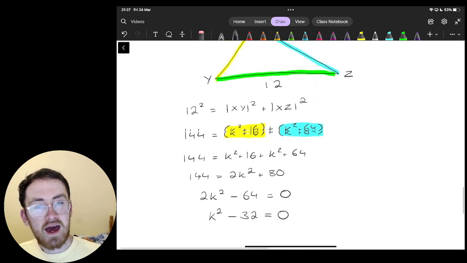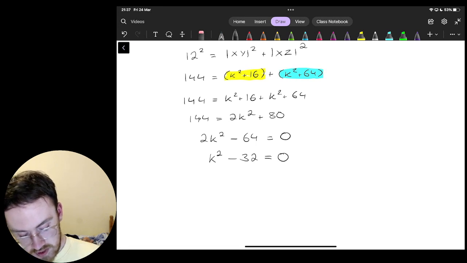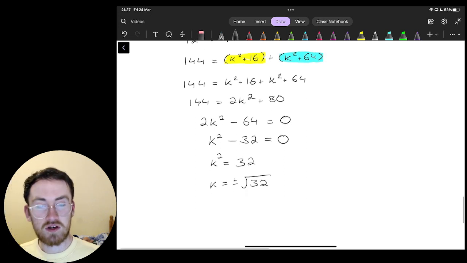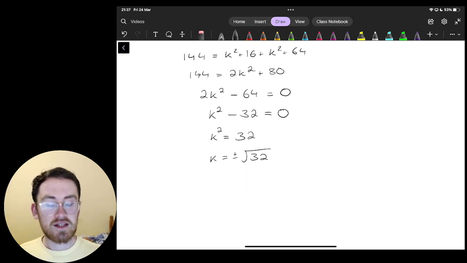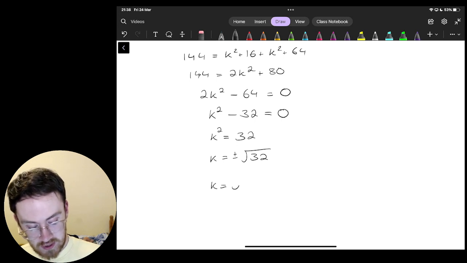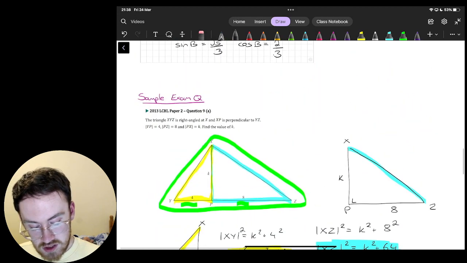Okay, and continuing then, so k squared minus 32 is equal to 0, which we can say then k squared is equal to 32, and k is equal to, well, we would say plus or minus root 32. Now in this case, the answer obviously can't be minus, so k is just going to be root 32.